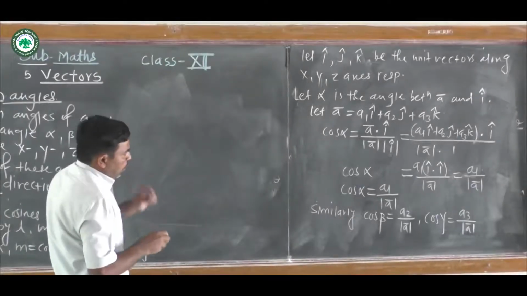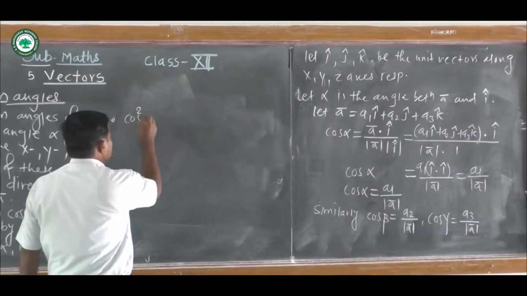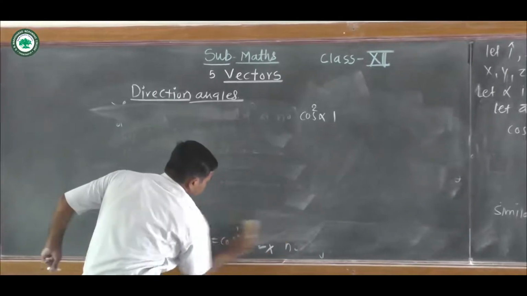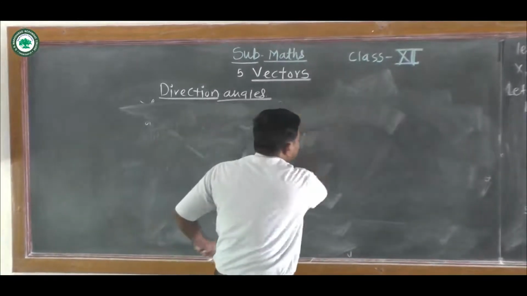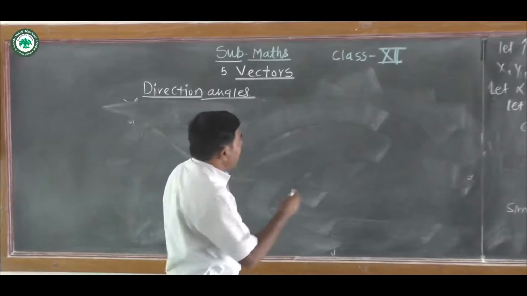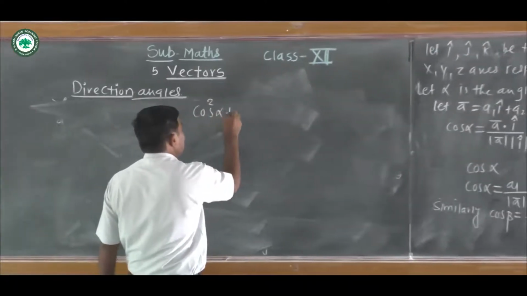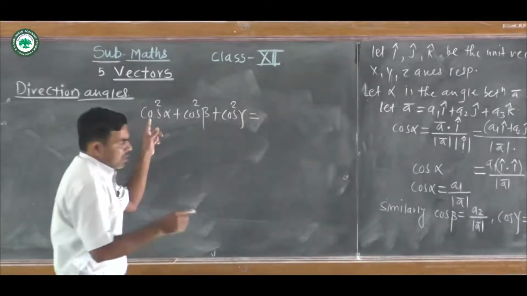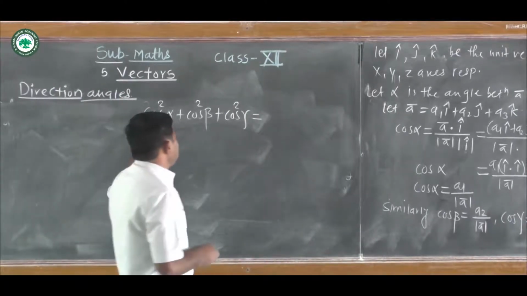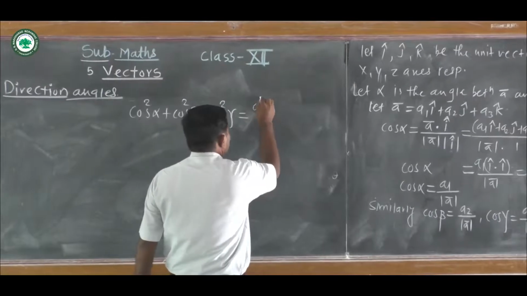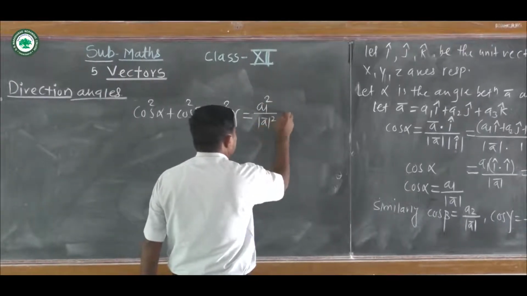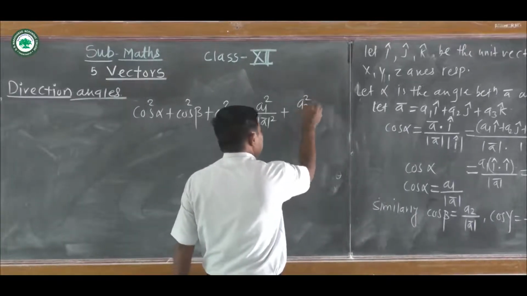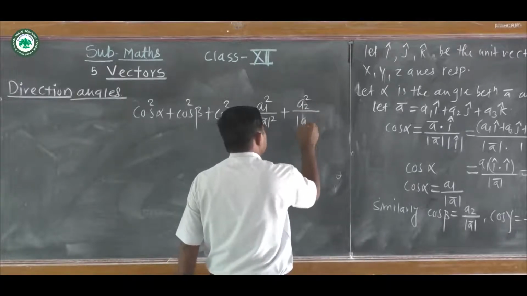So see, cos square alpha plus cos square beta plus cos square gamma is equal to, see, cos alpha is a1 upon magnitude of vector a, so its square is a1 square divided by magnitude of vector a square, plus cos square of beta, cos beta is a2 upon magnitude, so a2 square divided by magnitude of vector a square.